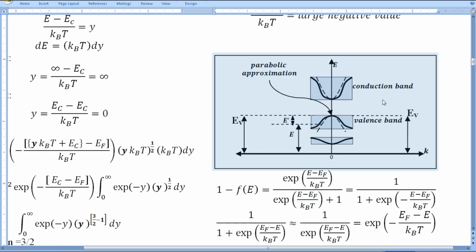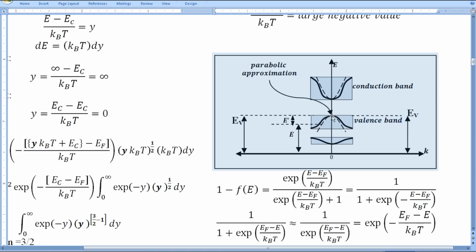Just like whatever we did for the electron concentration, here I am replacing the parabola. Earlier we did it here, now the parabola is here. While calculating the density of states, we chose this point as 0 for this dotted parabola, as our parabola is like this, the solid line.